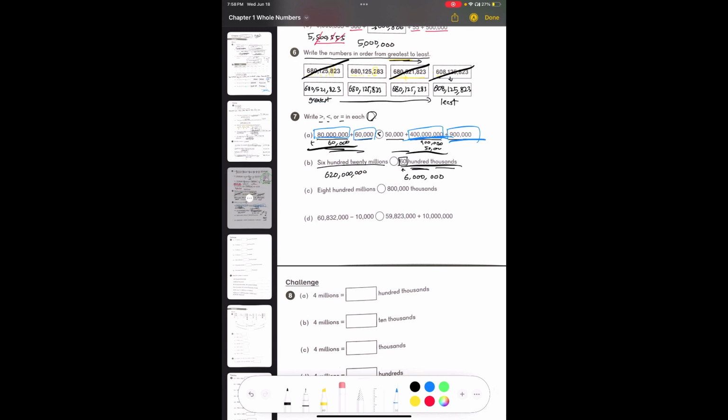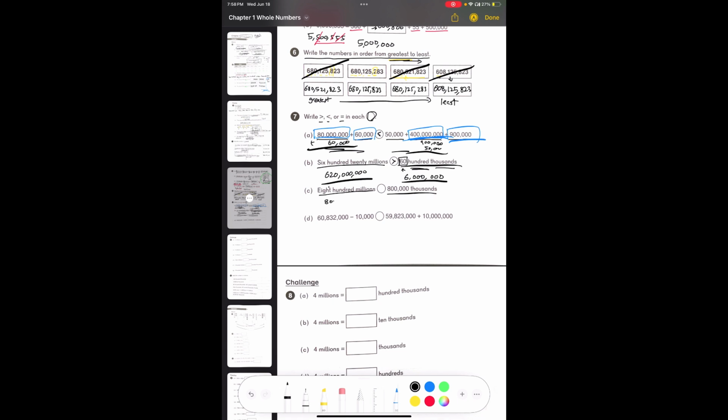So really, this number is 6 million. Nevertheless, it does not matter because 620 million is still larger than 6 million. So that's our answer.